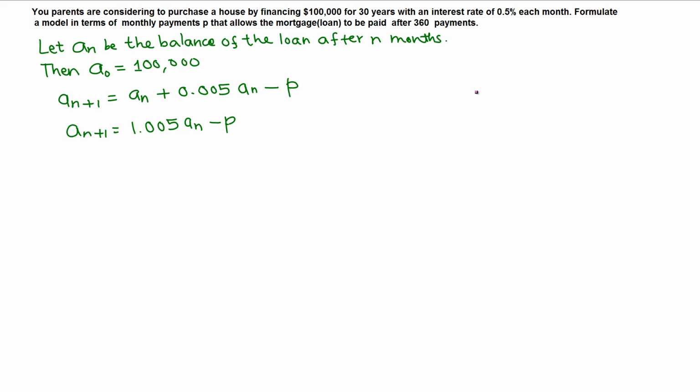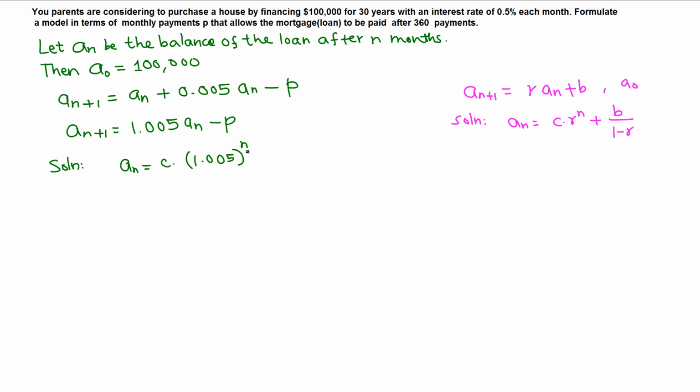We know that for a system A_{n+1} equals R A_n plus B, where R is not equal to 1, the solution is given by A_n equals C R^n plus B over 1 minus R, where C depends on A_0. So the solution here will be A_n equals C times 1.005 raised to n plus B, which is negative P in this case, over 1 minus R. R is 1.005.